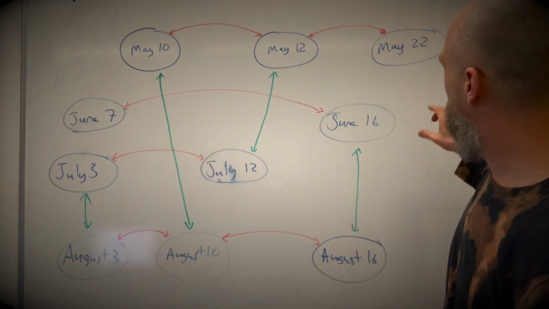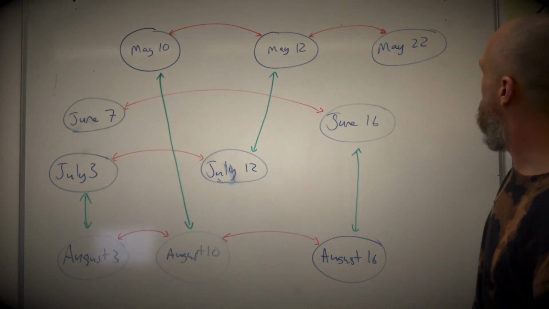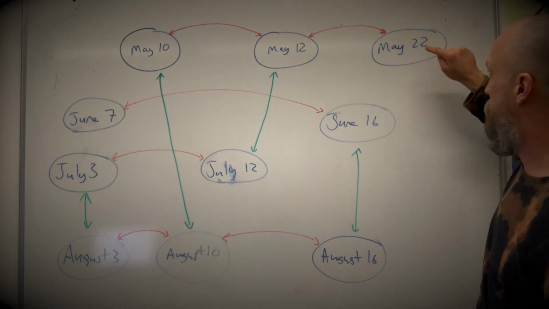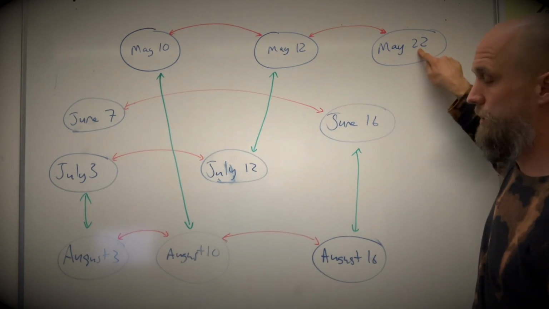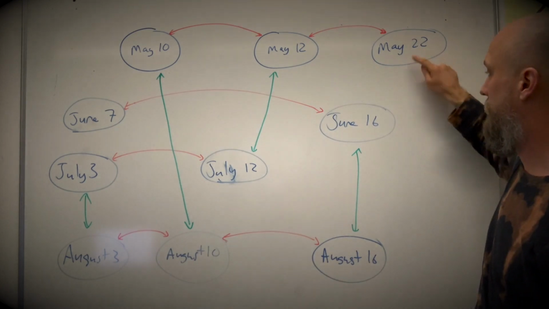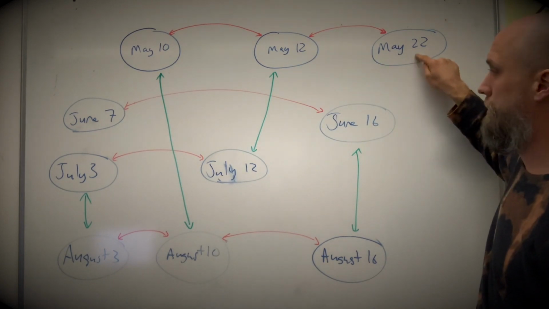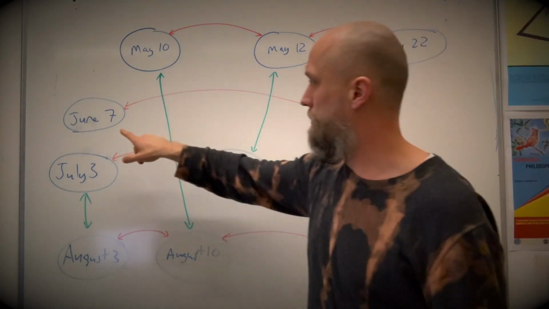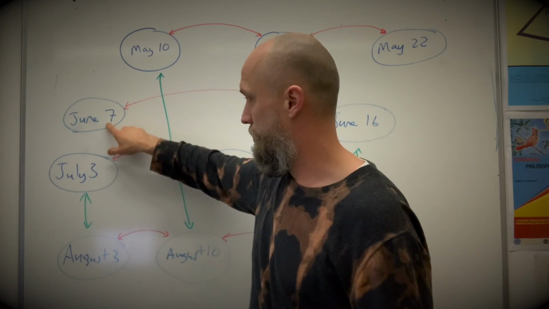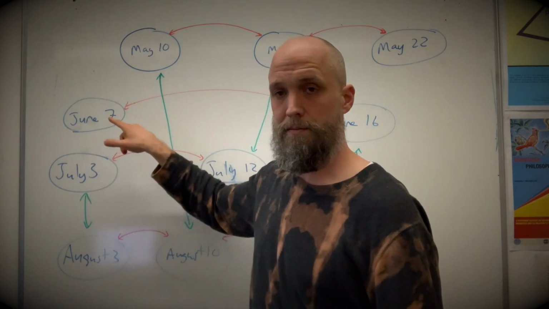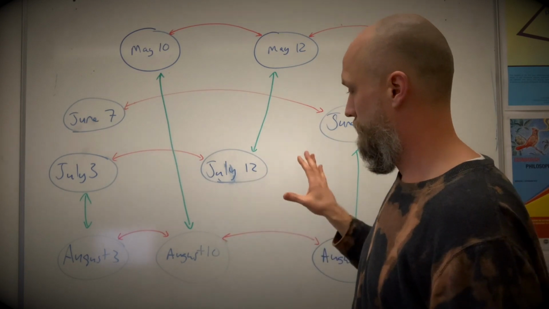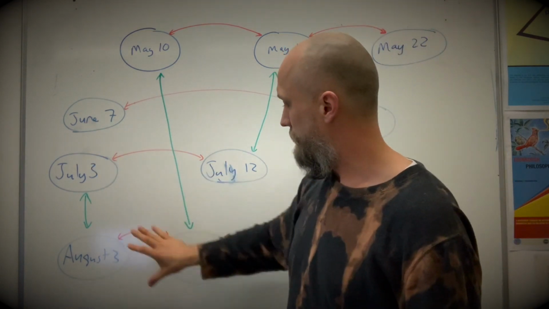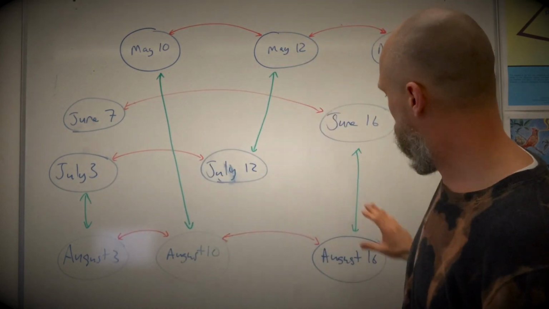Like, if Charlie said 22, then Bertrand would know, because there's no other alternative. Or if Charlie said 7, then Bertrand would know, because there's no other alternative. In any of the other cases, Bertrand wouldn't know, because there are alternatives.